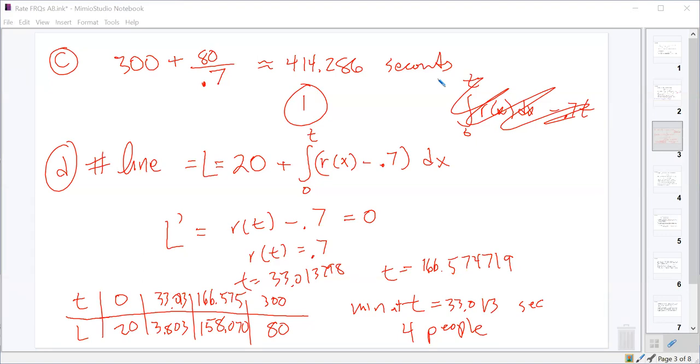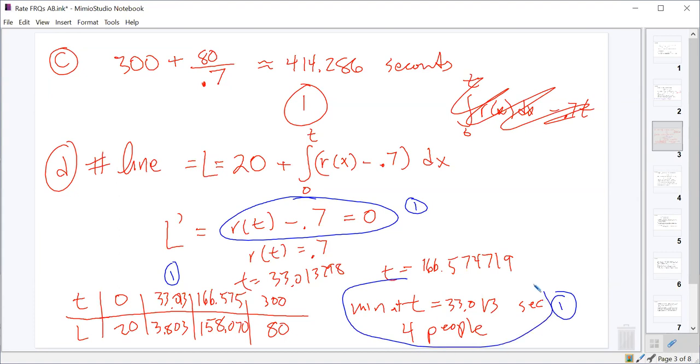What was the point breakdown on this last question? Sorry, yeah, so for the last part of it, for part D, they gave you 1 point for putting r of t minus 0.7 equal to 0. That was 1 point. 1 point for identifying this value. 1 point for the answer.